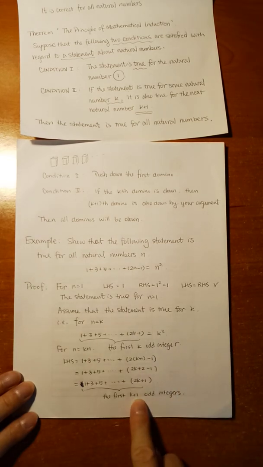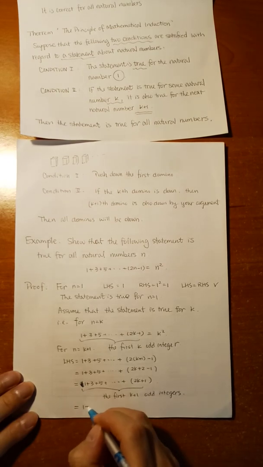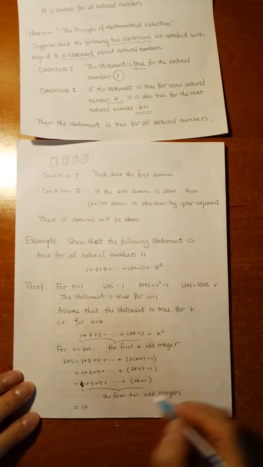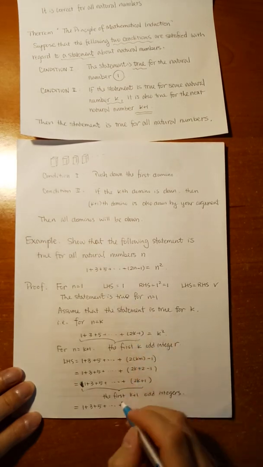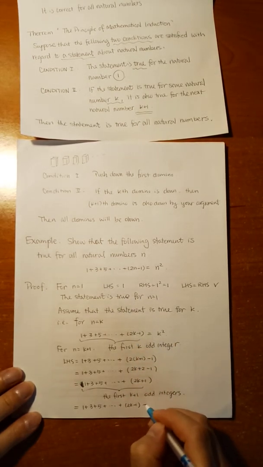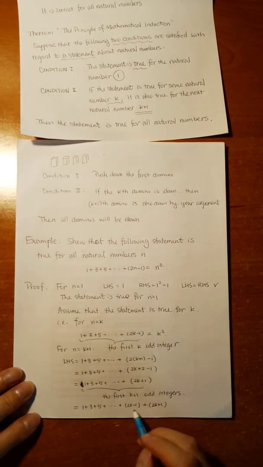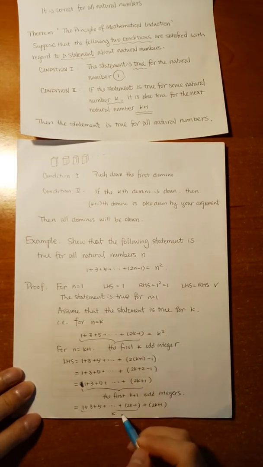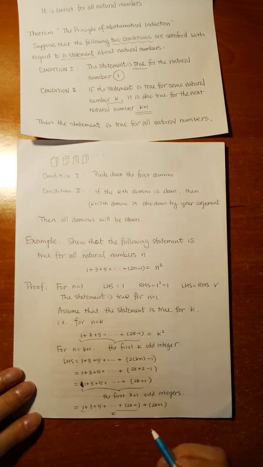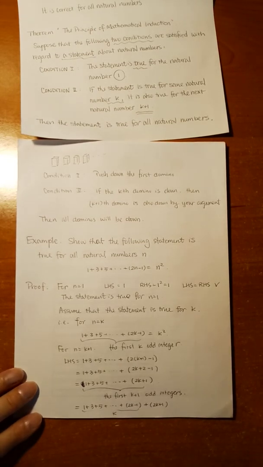Whenever you increase the index by one, you just add it at the tail. So the first k plus 1 odd integers is 1 plus 3 plus 5 plus up to 2k minus 1 and next 2k plus 1. This is the last one, so the preceding term is 2k minus 1. This is the sum of k odd integers, and the next one is the sum of k plus 1 odd integers. You see?